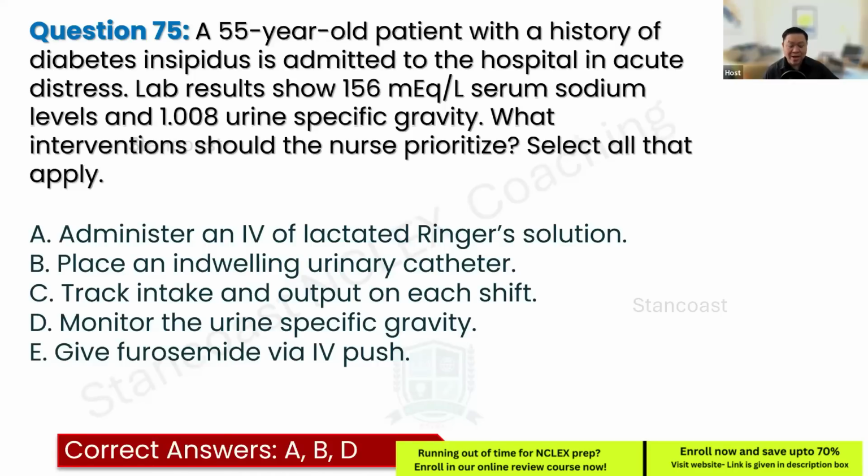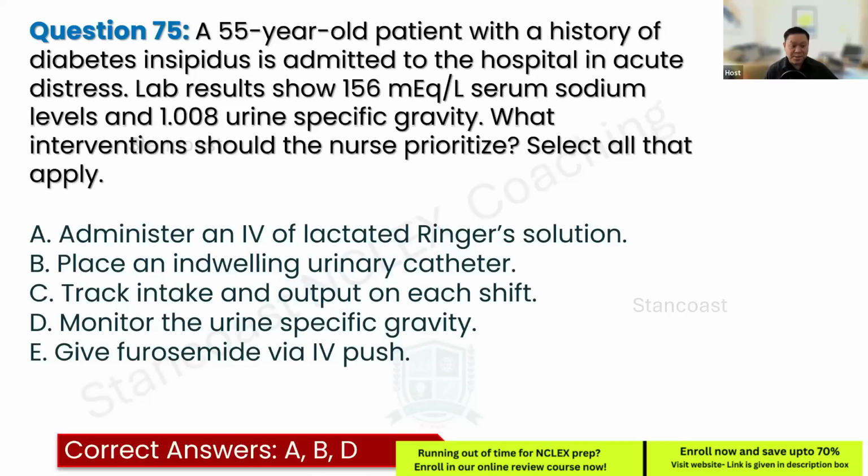Letter D is also correct because monitoring the urine specific gravity is also key for assessing the concentration of the urine, which will help you evaluate the effectiveness of the treatment and also the body's ability to retain water.